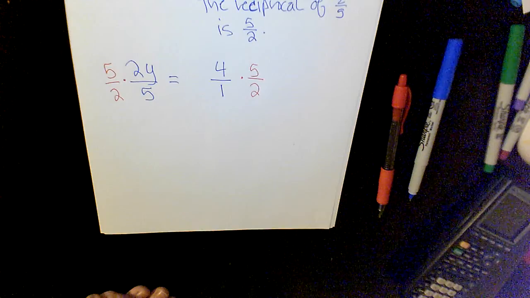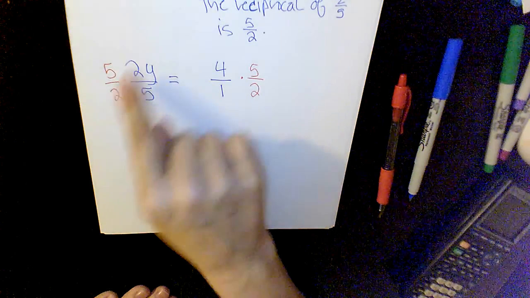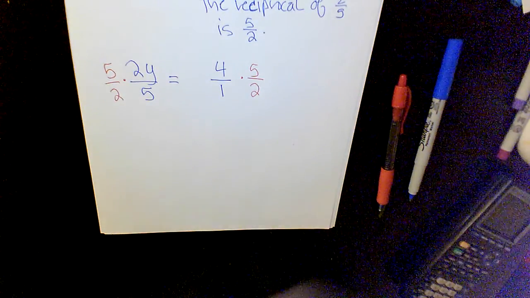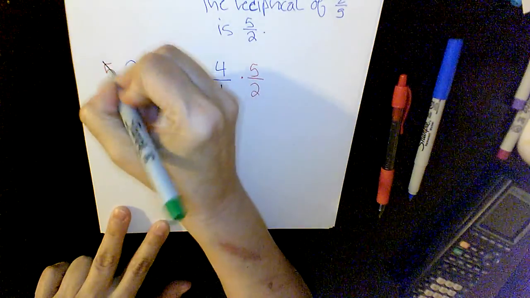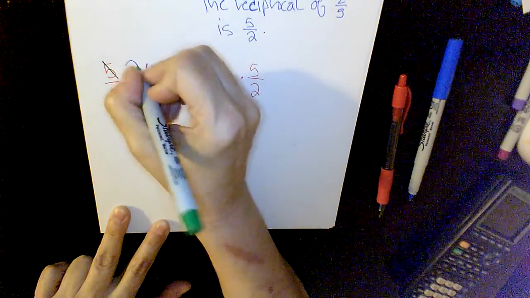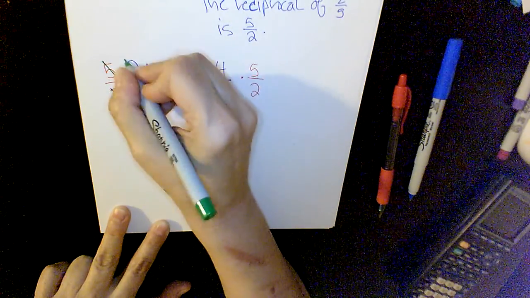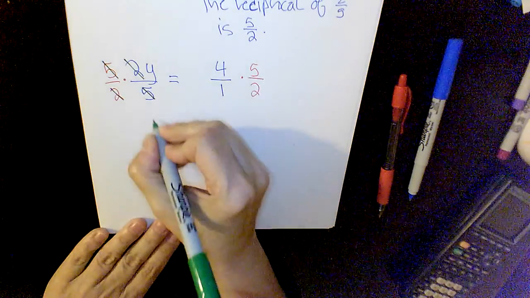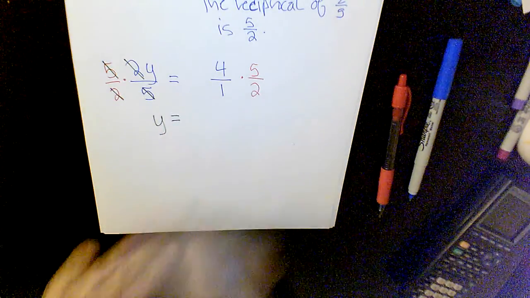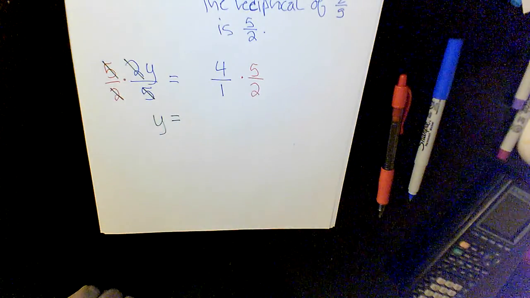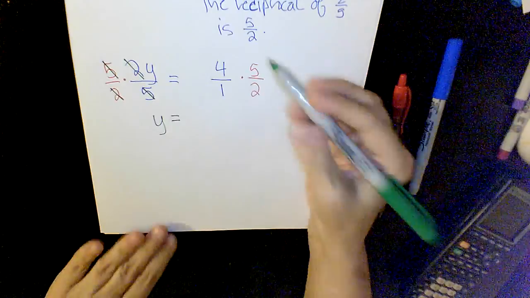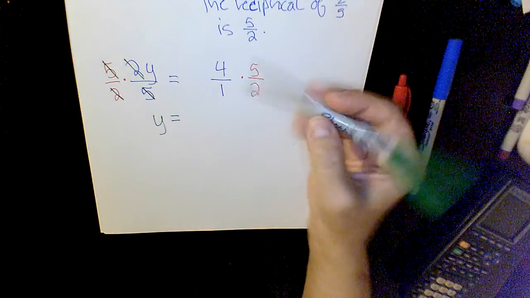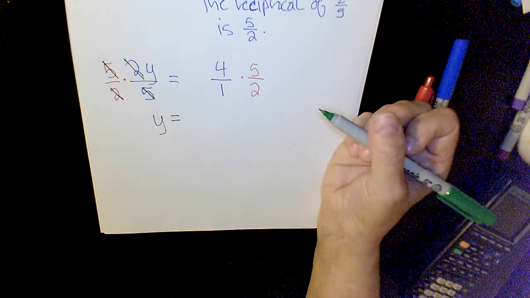Okay. So when we're looking along the diagonal, do we see anything that can cancel out? Well, I sure do. I see the 5s go and the 2s go. And what am I left with? I'm left with y. And let's see over here on the diagonal, does 2 go into 4?